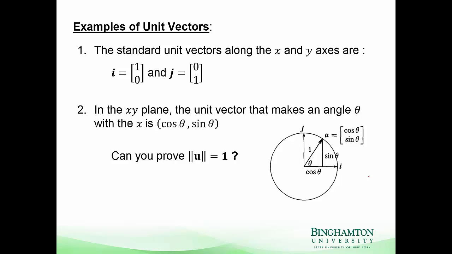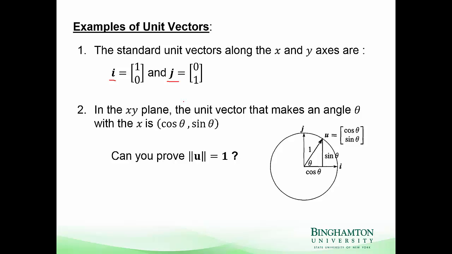So here are some examples of unit vectors. These names i and j are kind of famous standard names. If you've taken Calc 3, you've probably encountered the i, j, and k vectors there. So that's the only reason that we name those here.